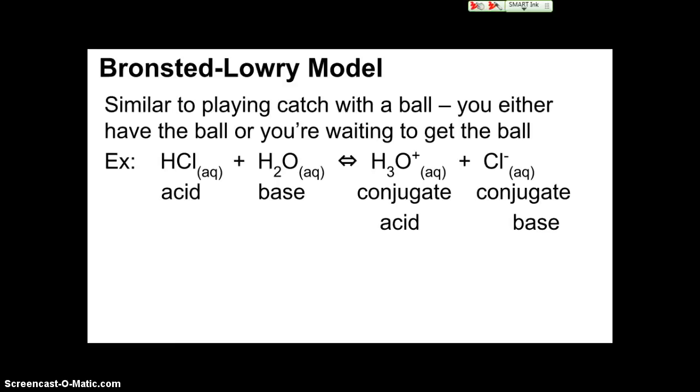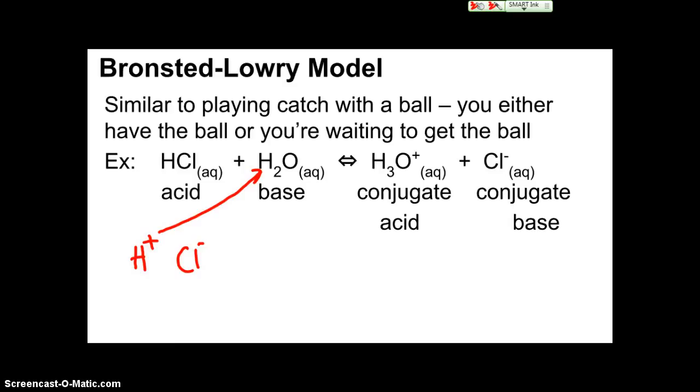So look at my example here. HCl, you should remember, is made up of H plus and Cl minus ions. And when it's in an aqueous solution, it actually breaks into these two ions. So it is no small task for the H plus to hook up with the H2O and leave the Cl minus all by itself.